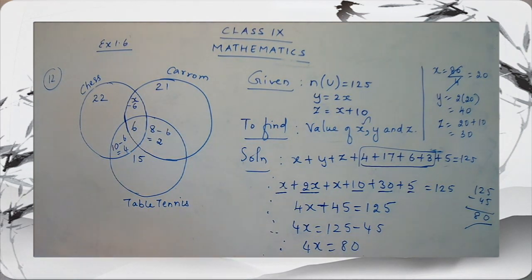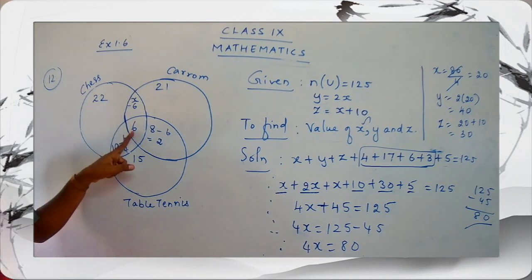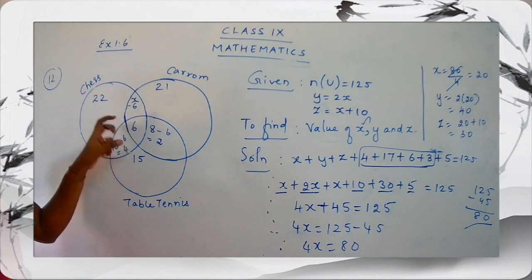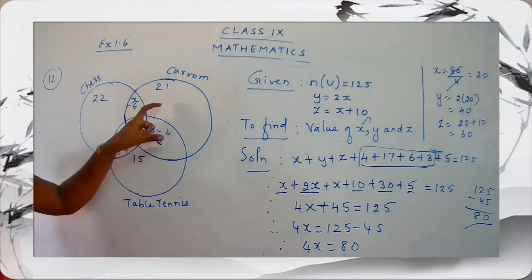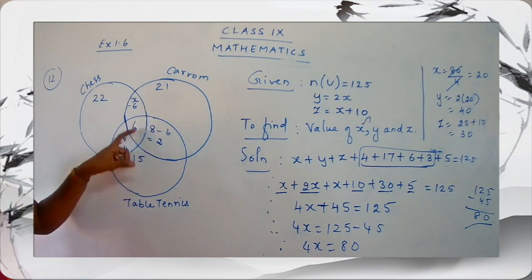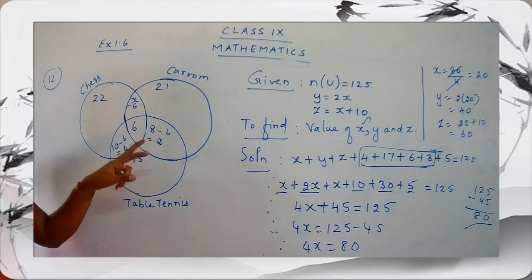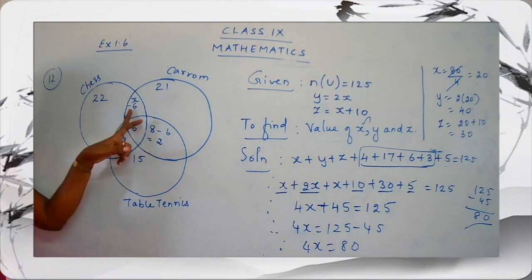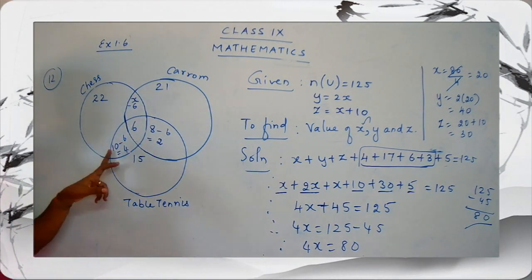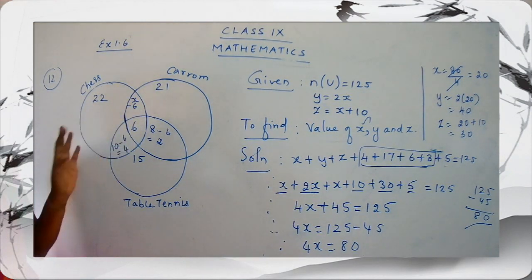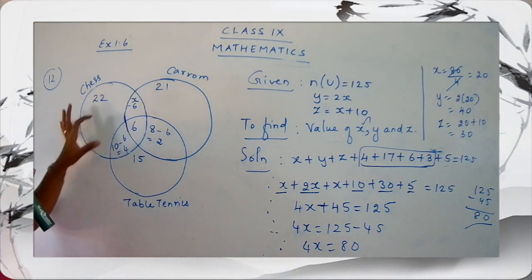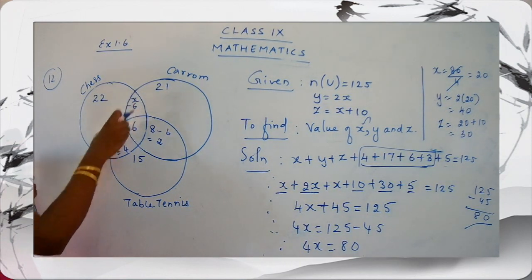We have just subtracted the common part for all 3 games, that is 6, from the other intersections. 8 minus 6 is 2, here x minus 6 and here 10 minus 6, which is 4. So the first step is completed. We have completed the inner part.